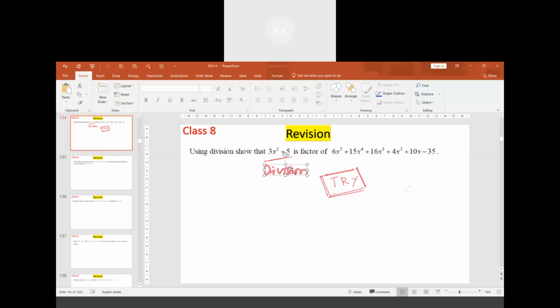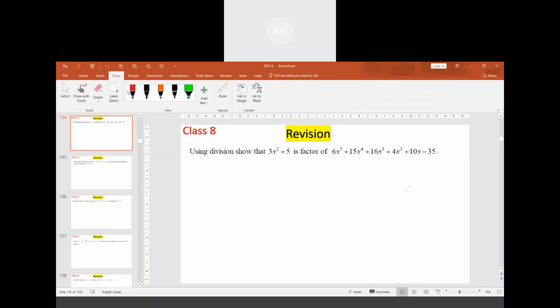You want me to divide this and show? No one tried this. Yes, sir, I haven't tried. Okay.